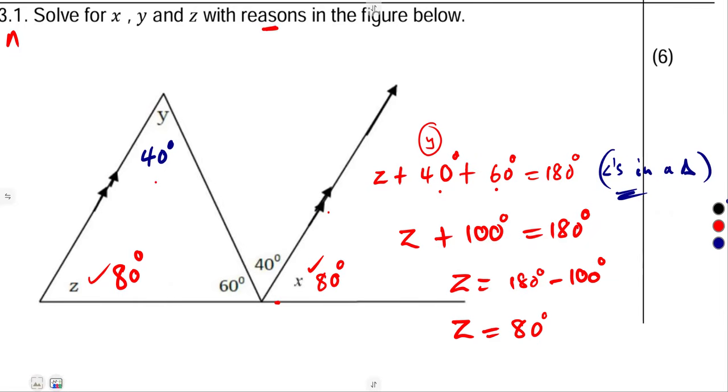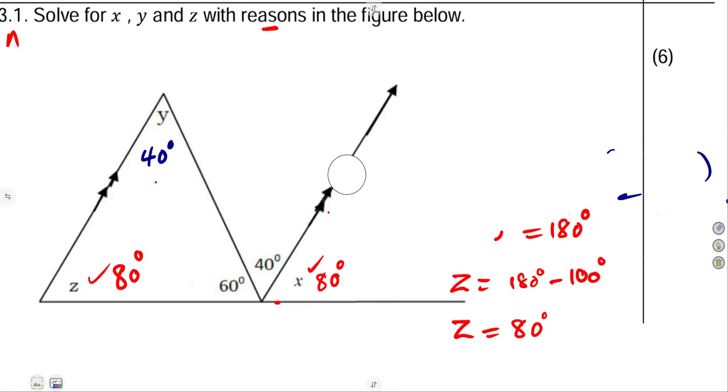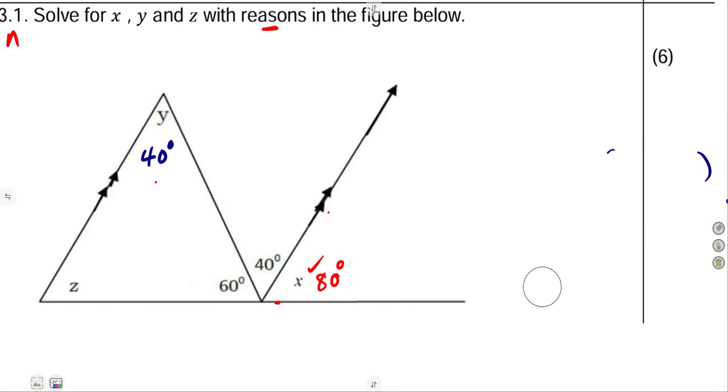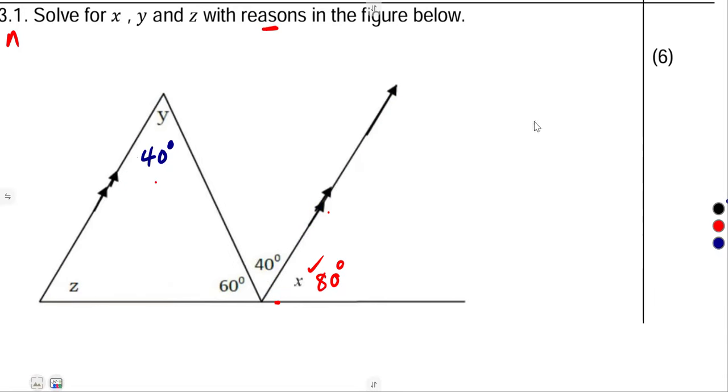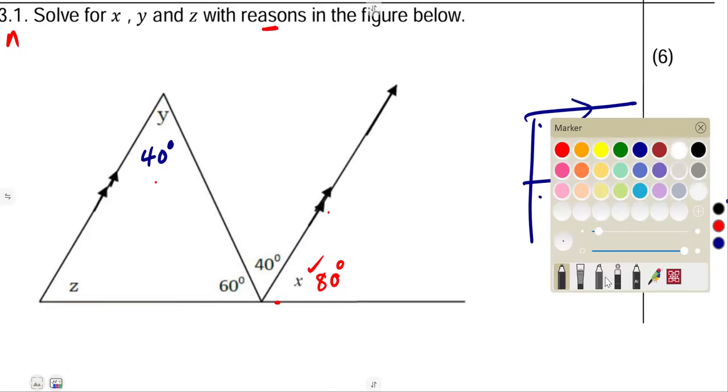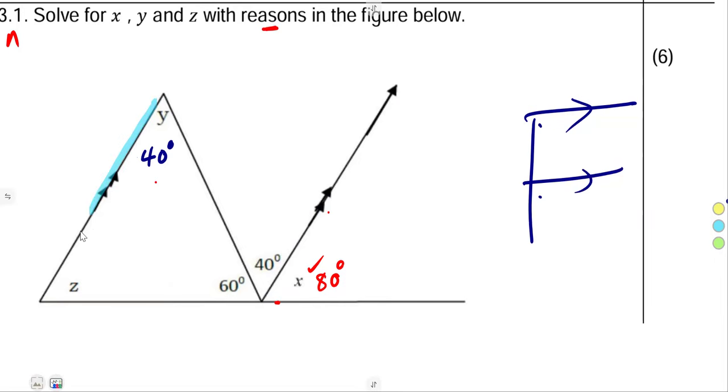All right, z is 80 degrees, angles in a triangle. Or we can work with the parallel lines where we form an F, corresponding angles. Remember, where we form an F like this from our parallel lines, corresponding angles are equal. We are forming an F here like this. All right, one is inside, the other one is outside.